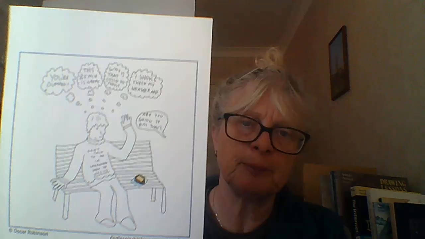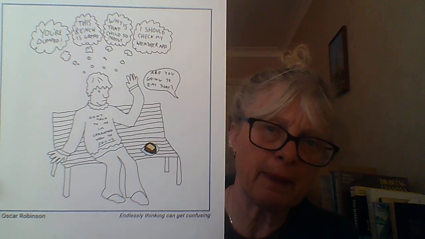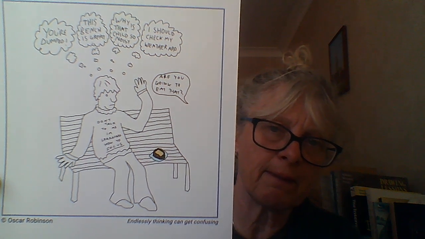So in chapter 2, with the bench, we have this picture here. And as you can see, it's a picture of a chap sitting on a bench having lots of thoughts about what's going on. And they are illustrating 4 different ways of focusing, and we call that a focus mode.